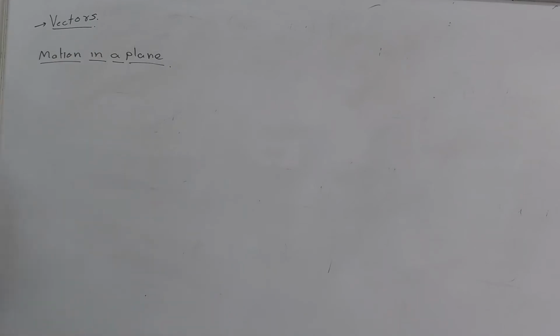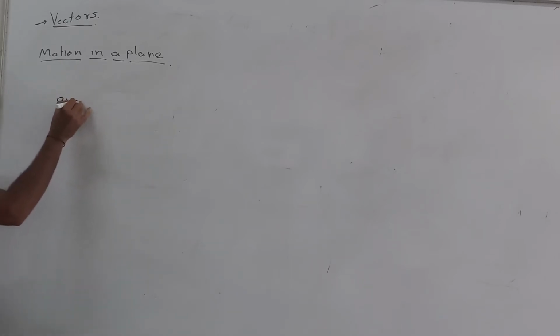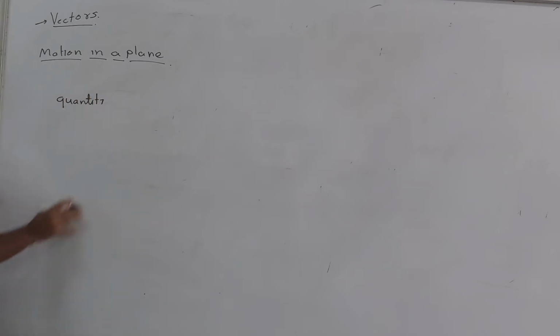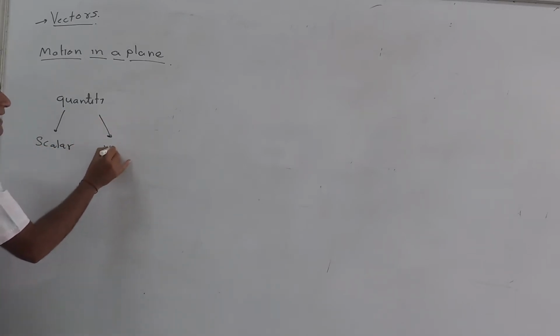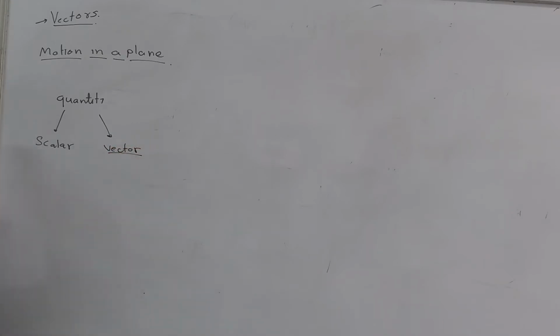Okay, this is the introductory part of what actually a vector is and how it is different from other physical quantities. So, first of all, let me tell you that any physical quantity is divided into two parts. One is a scalar quantity and the other is a vector quantity. What is scalar quantity?